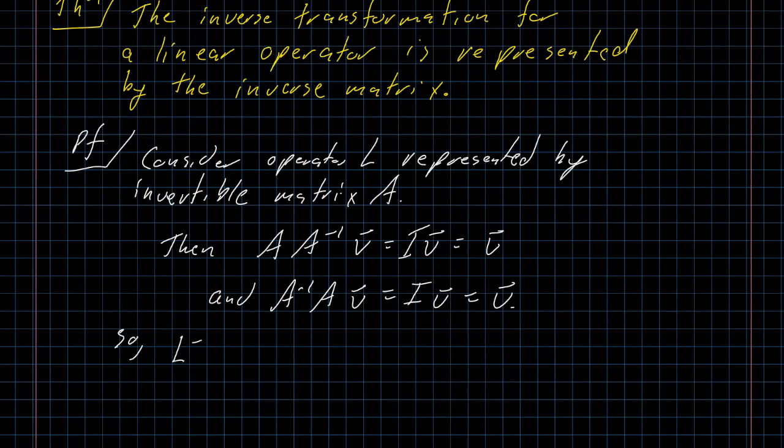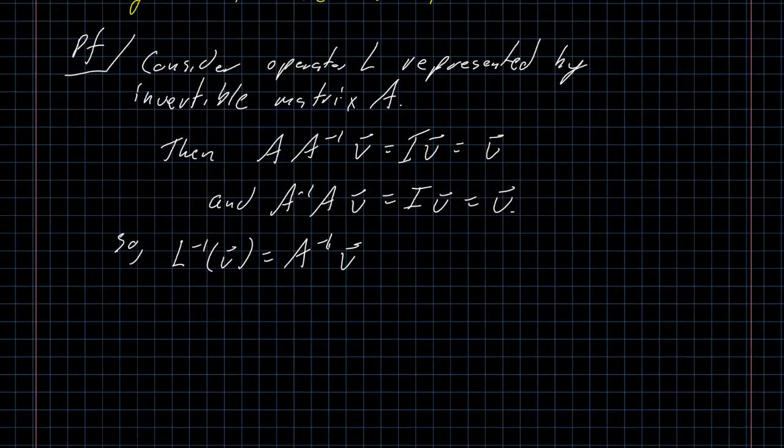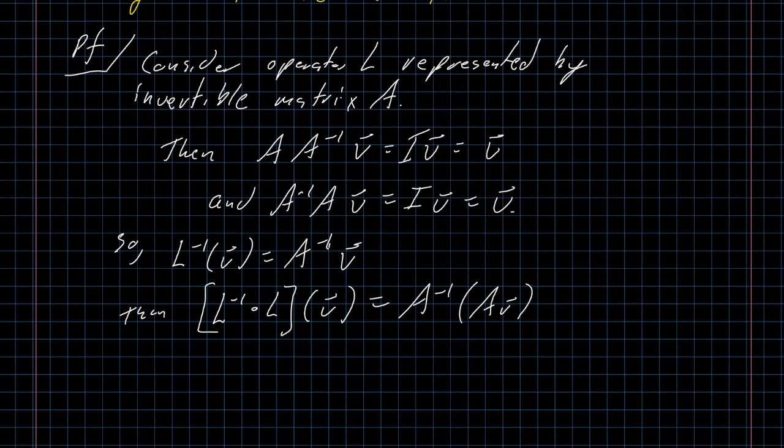So if we define L inverse of V as A inverse times V, then L inverse composed with L acting on V is A inverse times AV, which is A inverse times A times V, which is just V, and we can do it the other way.